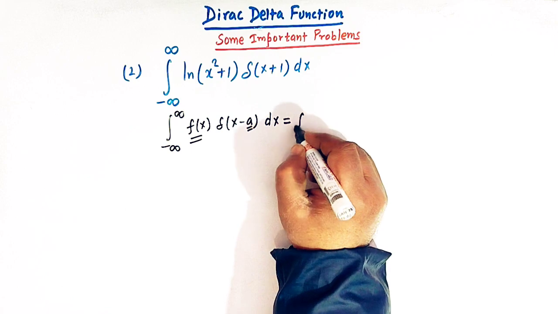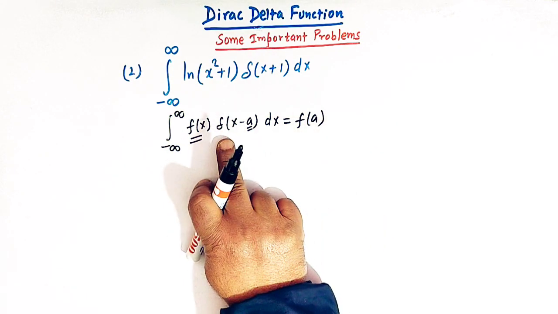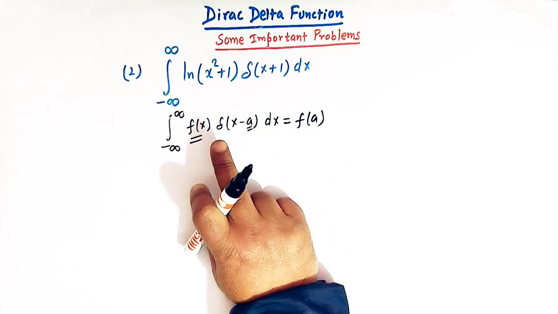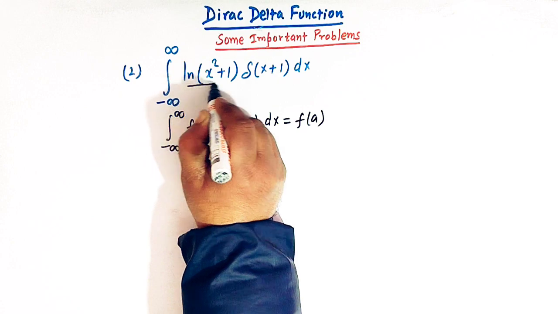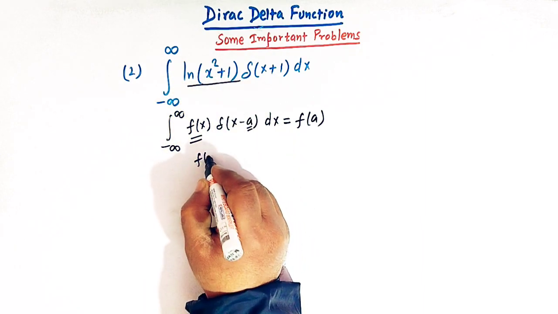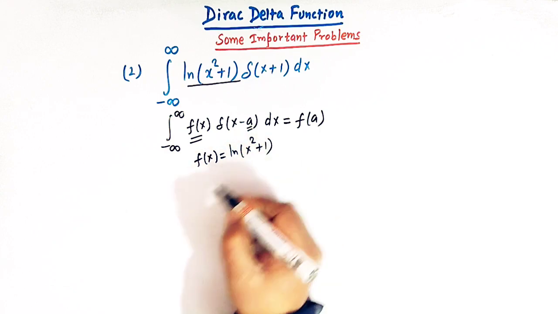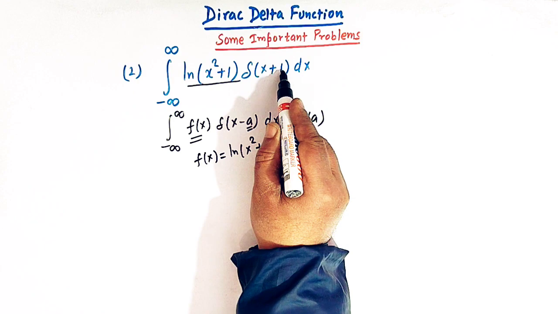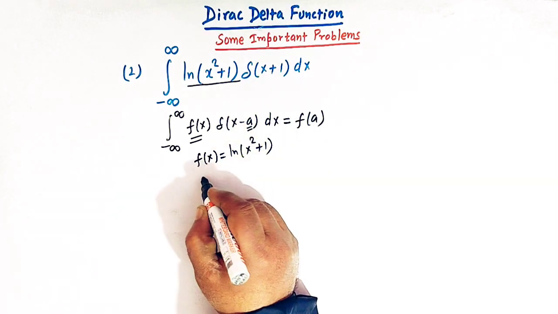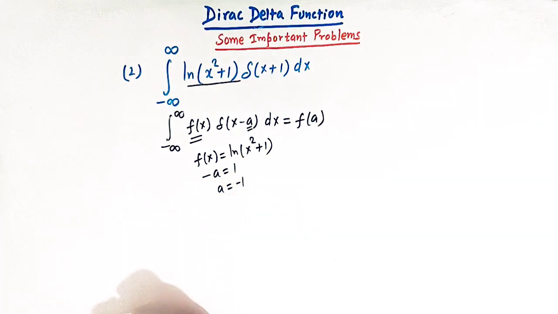So we have f of a. So this is the definition of the Dirac delta function. And here if we compare this integral with this one, then f of x is log of x square plus 1, right? And x minus a is x plus 1. It means minus a is equal to 1, so a is equal to minus 1, right?